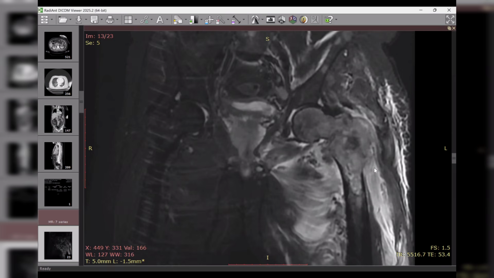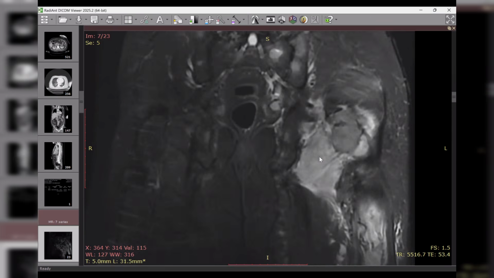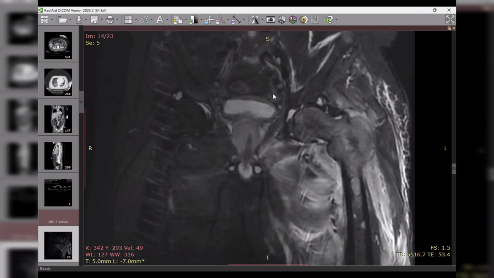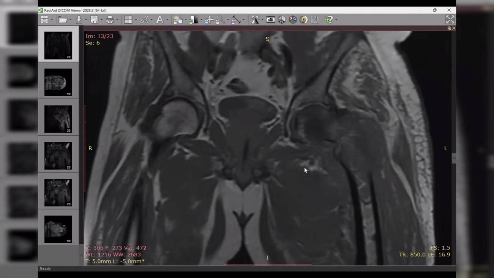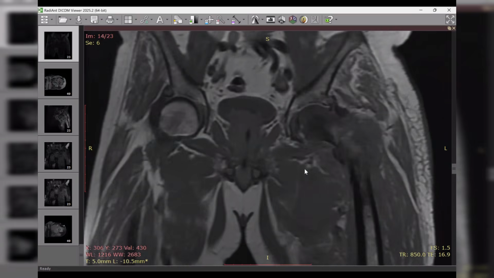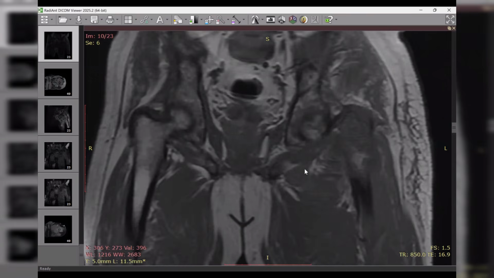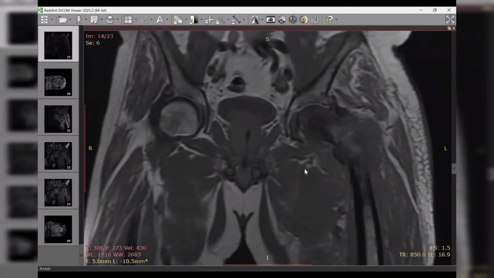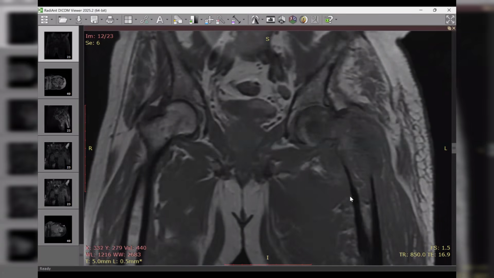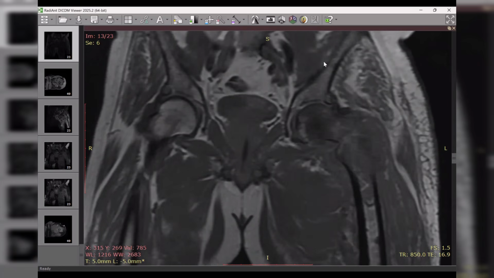I thought it's a pathological fracture because there is a process. There is a mass lesion, mass replacement of the normal bone marrow by a hypointense T2 lesion. I would like to see it after contrast.